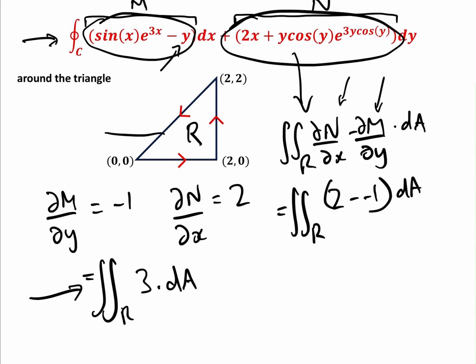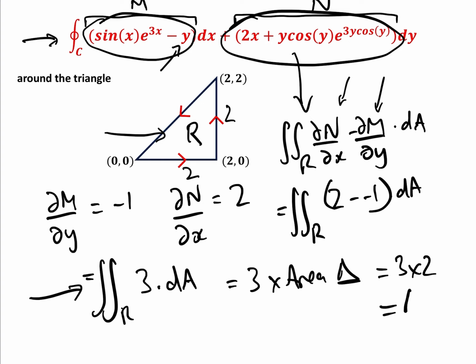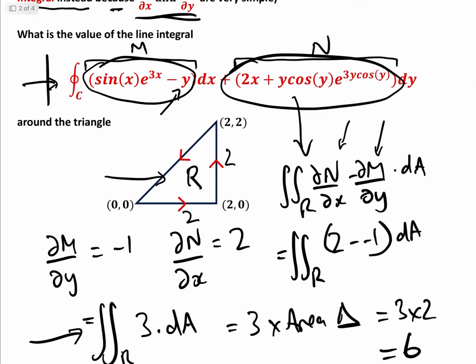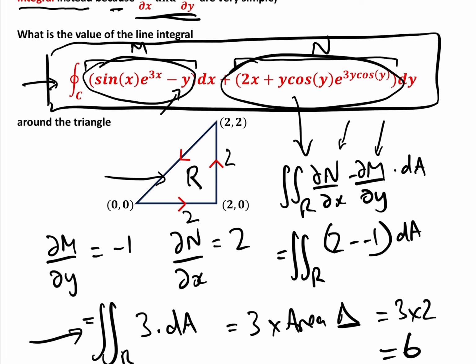All we need to do is find the area of this triangle. That's 2 and that's 2, so the area of the triangle is clearly 2, so that equals 3 times the area of the triangle, which is 3 times 2, which is 6. So the value of this line integral is equal to 6.